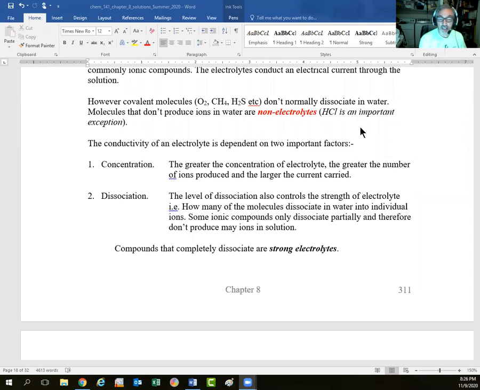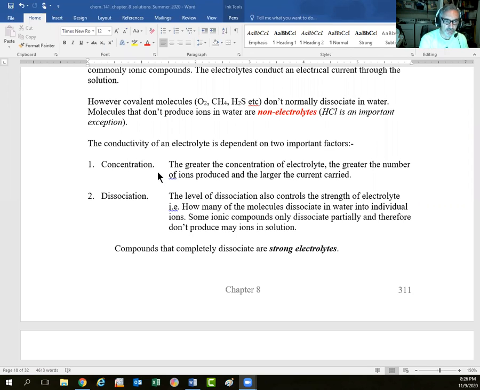And we can recognize these covalent compounds because they have just non-metals and metalloids in the chemical formula. Covalent compounds normally don't have metals. And so if you don't see a metal, it's probably covalent. And most of our covalent compounds are non-electrolytes.